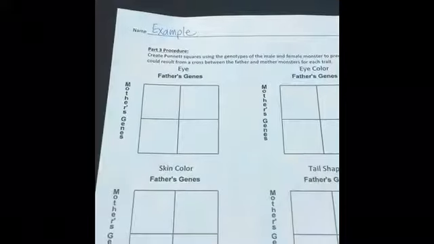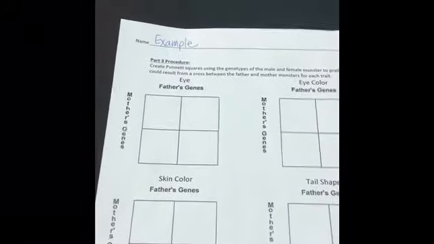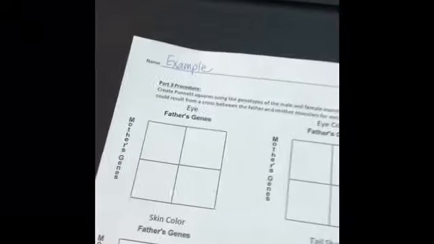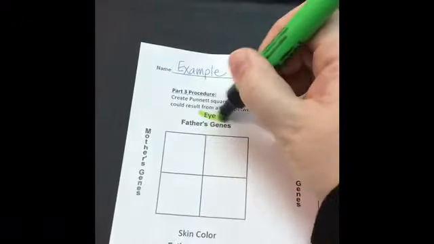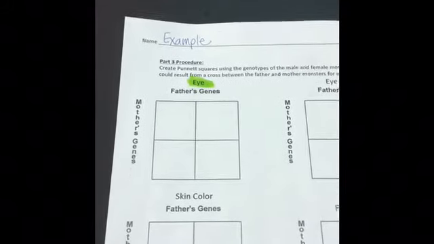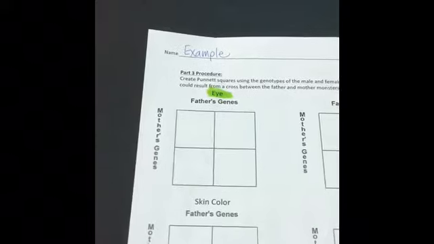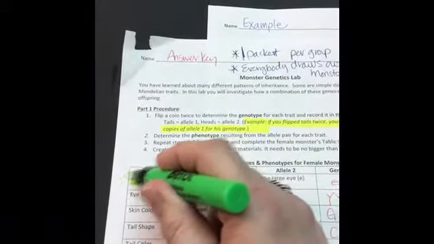Okay, here's the example of how to get the baby's genotype. First of all, I want you to notice that the phenotype is listed at the top. So this first Punnett square is going to be about the eyes. If you look on your sheets, the first trait we talked about was the eye.